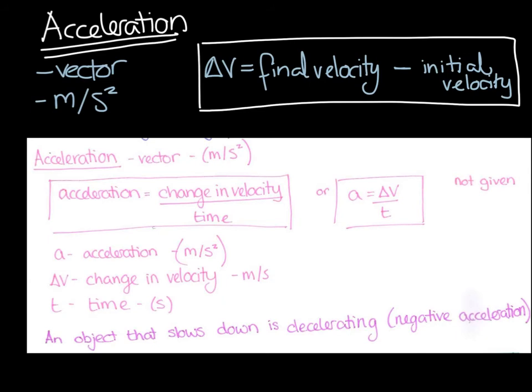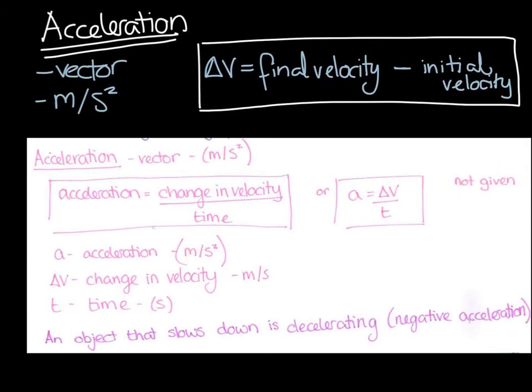Right, so let's talk about acceleration. Acceleration is a vector quantity. It's measured in metres per second squared. We're going to use the equation acceleration equals the change in velocity divided by time. If we look at that in symbols, we're going to say that A is equal to delta V divided by T. This equation is not given in the GCSE.